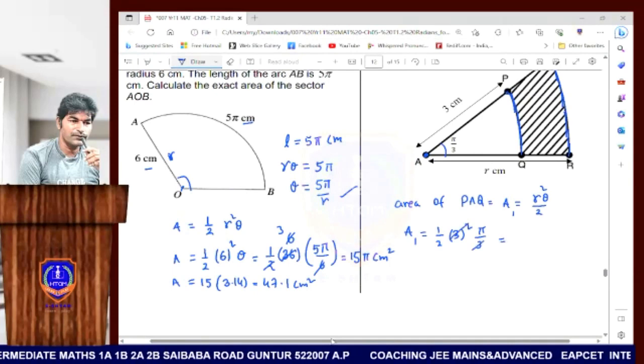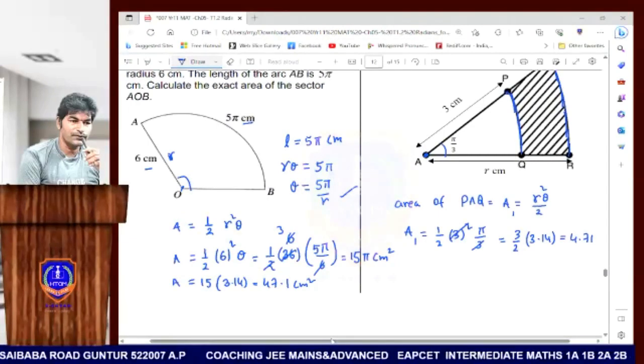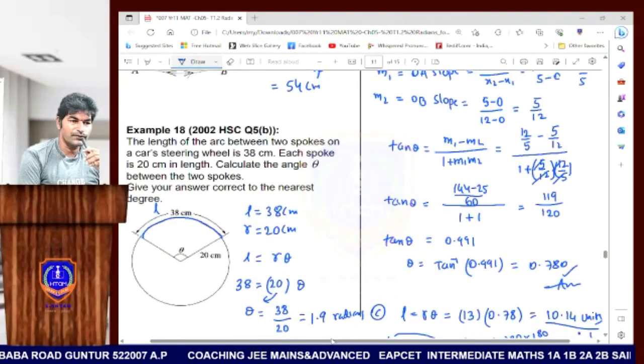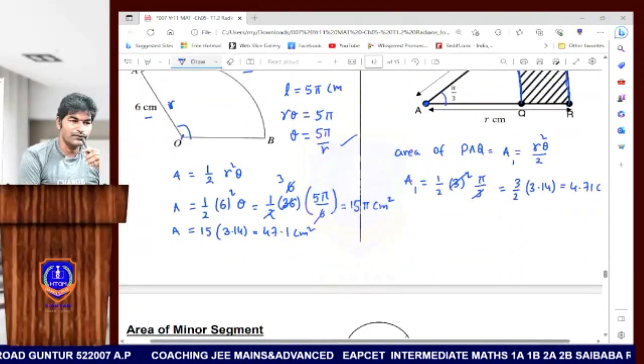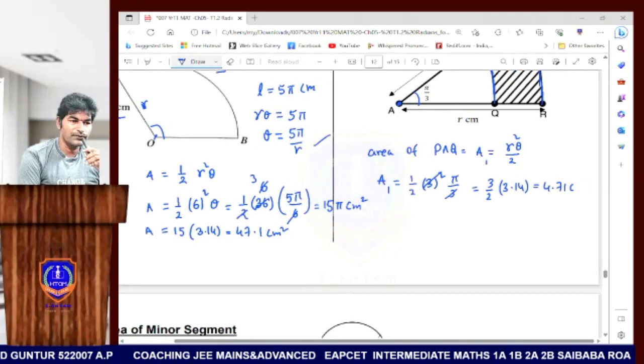So this 3 gets cancelled, 1 3 left. 3 by 2 into 3.14. How much is this area? 4.71. It was measured in centimeters, so this will be centimeters square.